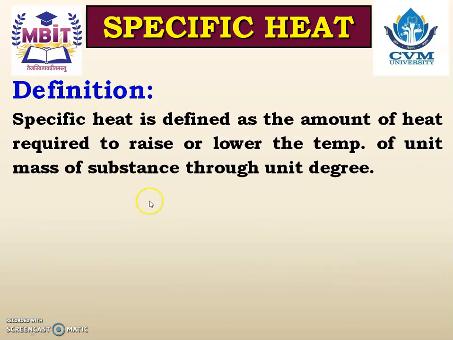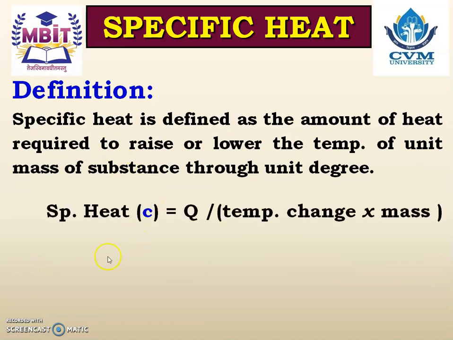So now let us write it in the form of an equation. Specific heat is equal to Q per unit temperature difference and per unit mass. Therefore specific heat C is equal to Q divided by temperature difference multiplied by mass.